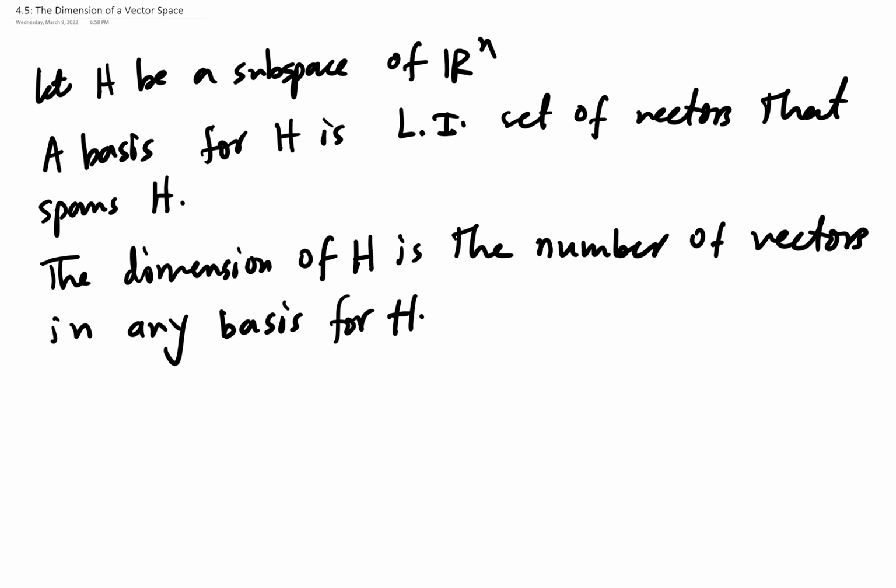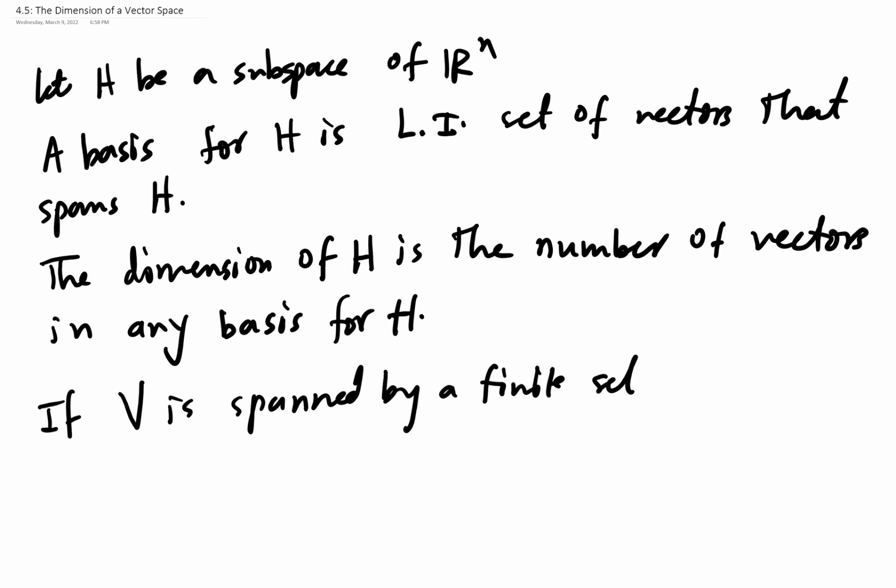And before we proceed with this, if V, the subspace V, is spanned by a finite set, then V is called a finite dimensional vector space.